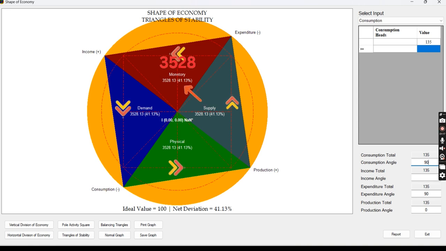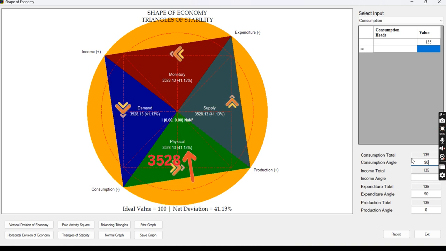The monetary value is now stable at 3025. Demand is almost the same. It has also grown by 41.13%. Physical availability is also matching. The earlier value was 2500.